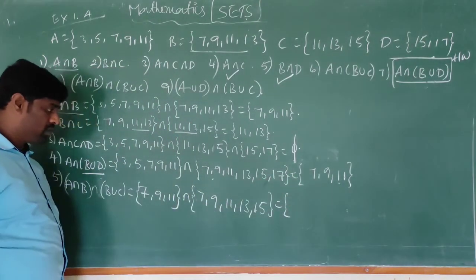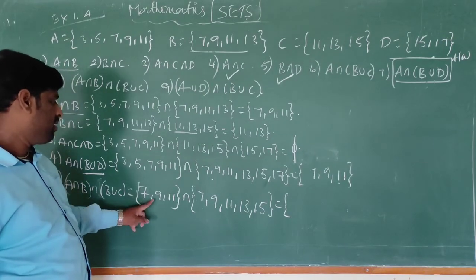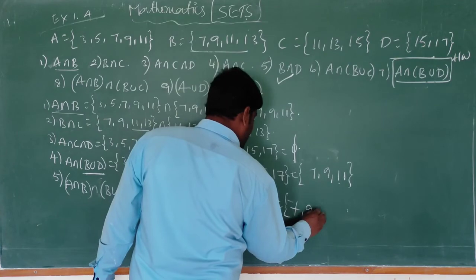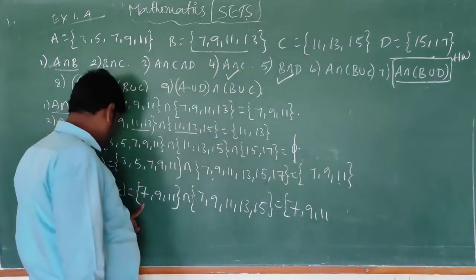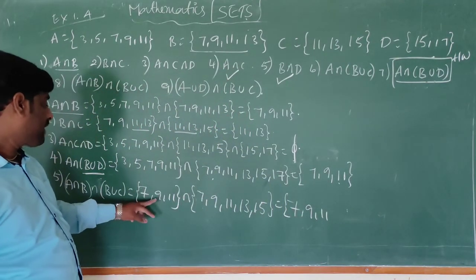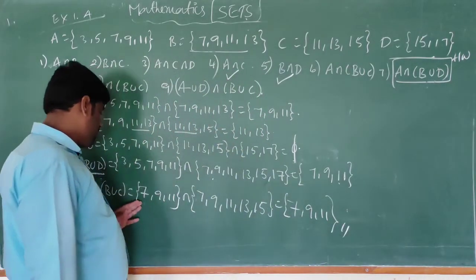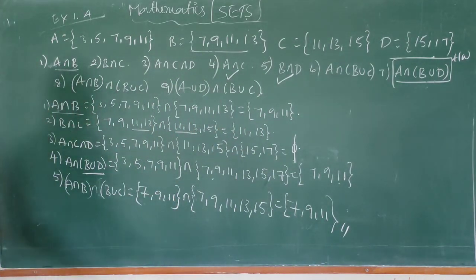Now we should take the intersection with 7, 9, 11. So this is the common element of these 2 sets.